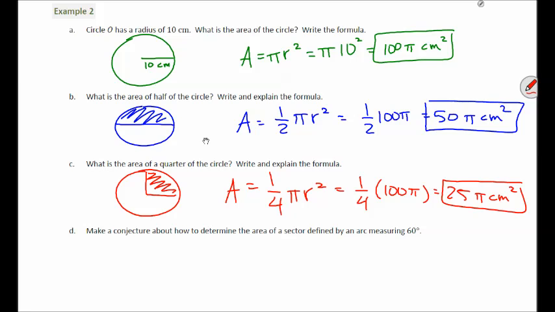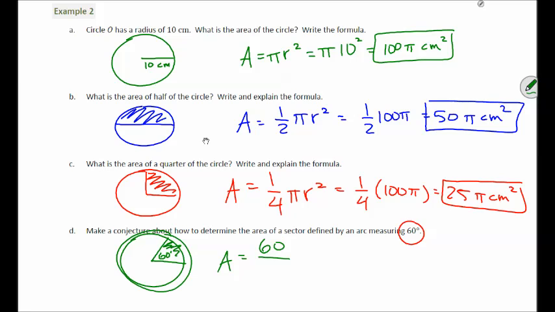D says make a conjecture about how to determine the area of a sector defined by an arc measuring 60 degrees. Well, let's think about this. If I have a circle and I have an arc of 60 degrees, or a central angle of 60 degrees, then I would want the area to be 60 out of the whole circle, which is 360, times pi radius squared.